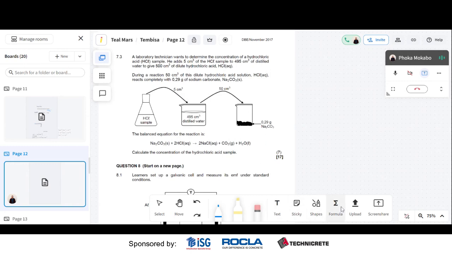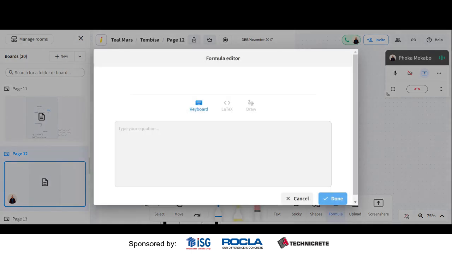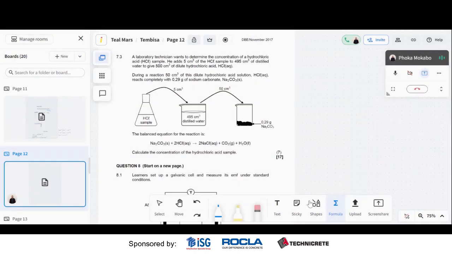Let me jump straight into working things out here. First things first, what you want to do is to work backwards, in actual fact. You want to work backwards given the fact that over here you have the balanced equation. You're given the balanced equation for this reaction over here, and you want to calculate the concentration of this sample over there. So we're going to start over here and work our way backwards.